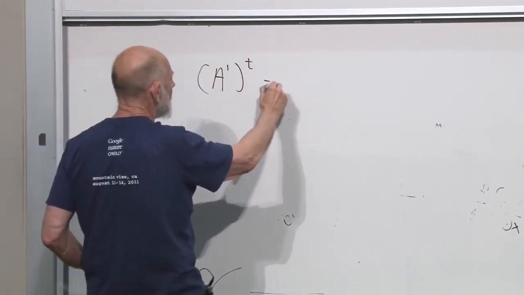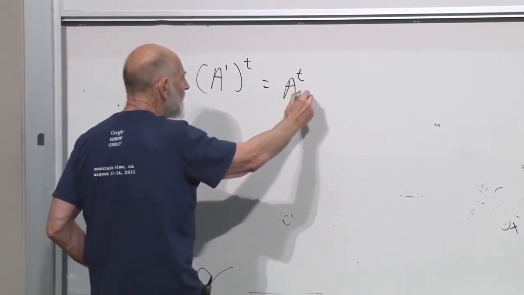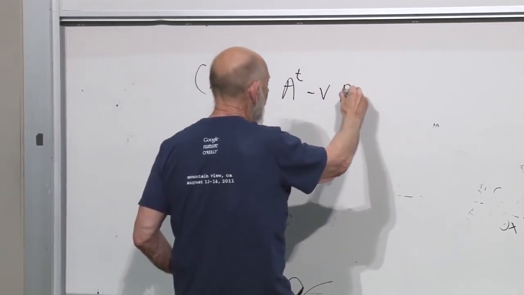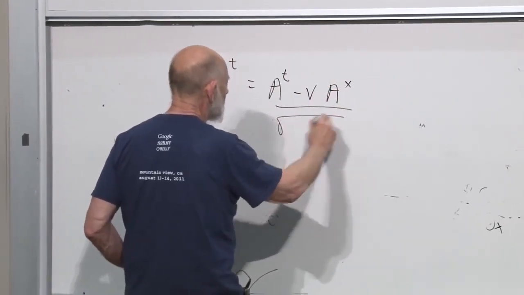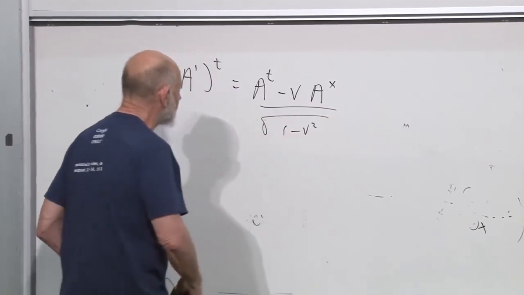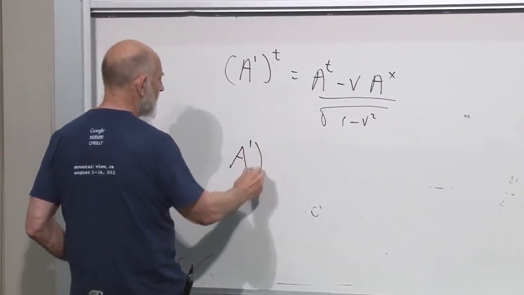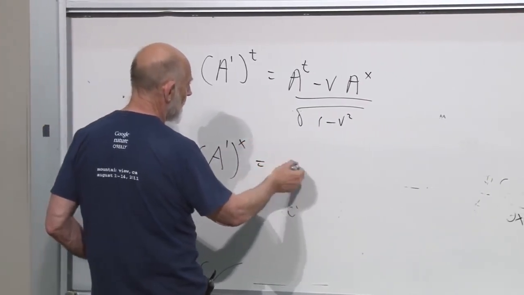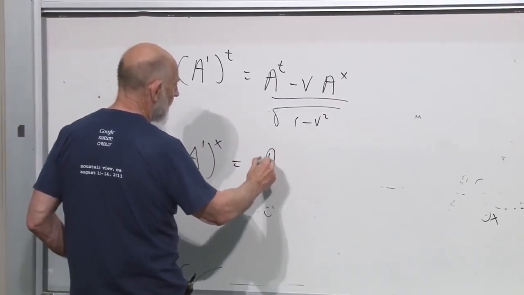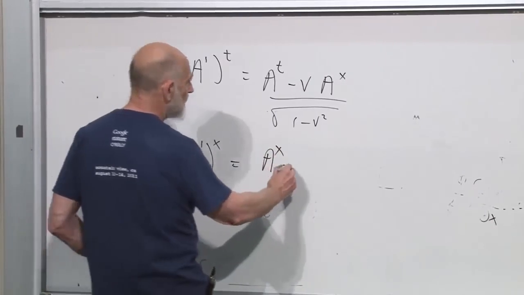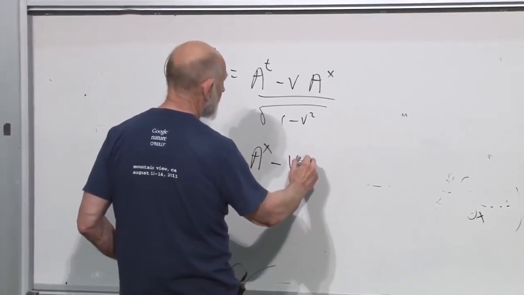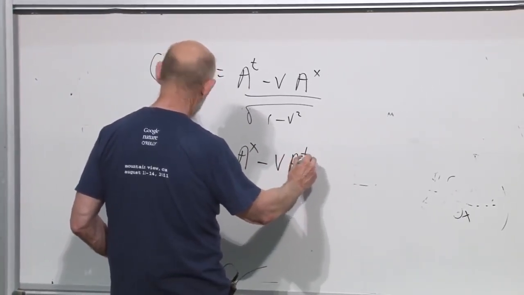A prime t is equal to a t minus v a x over the square root of 1 minus v squared and so forth. And a prime x is, of course, a x minus v a t.